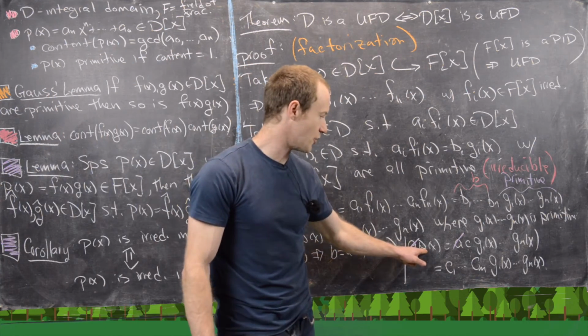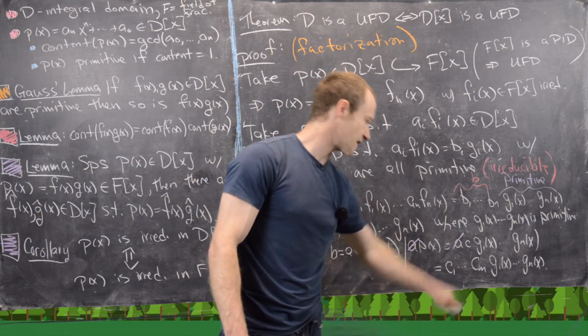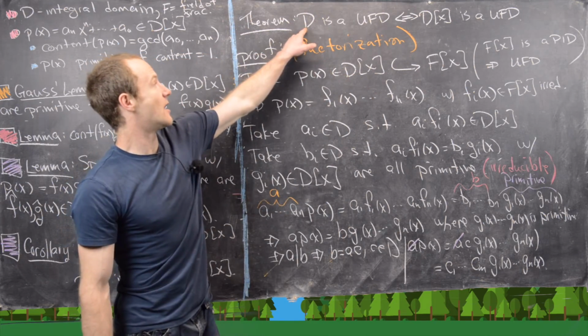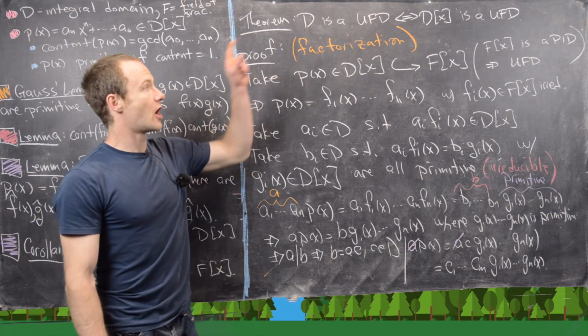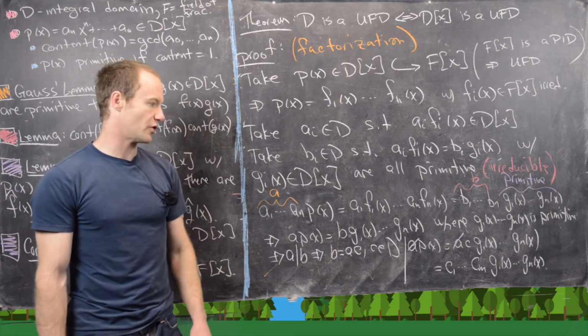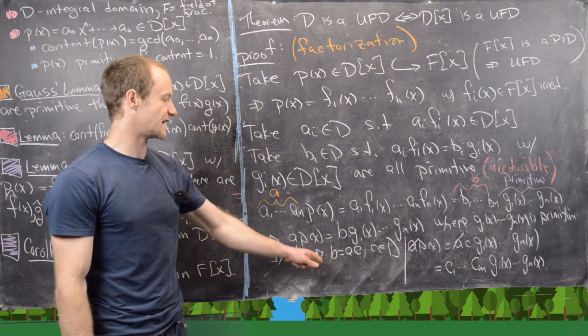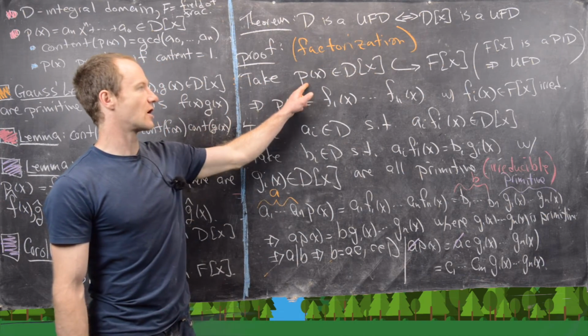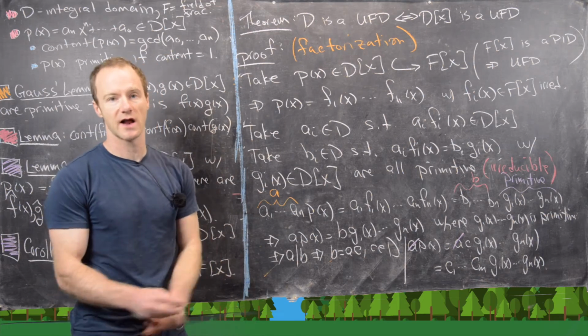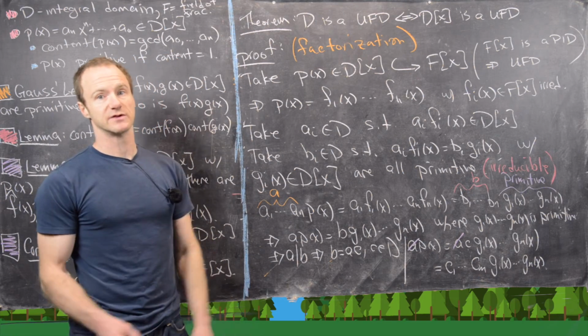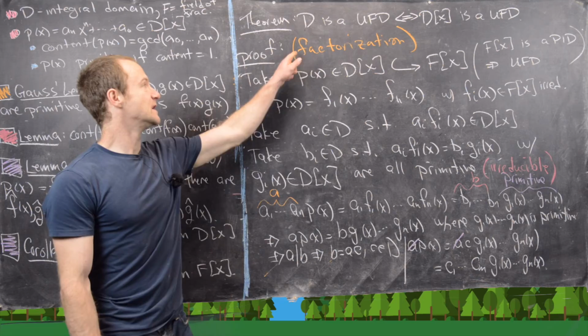We have our polynomial is equal to a product of irreducibles from the UFD, which are irreducibles inside of the polynomial ring, times a product of irreducible polynomials. In other words, we factored our arbitrary polynomial into a product of irreducibles inside of the polynomial ring.